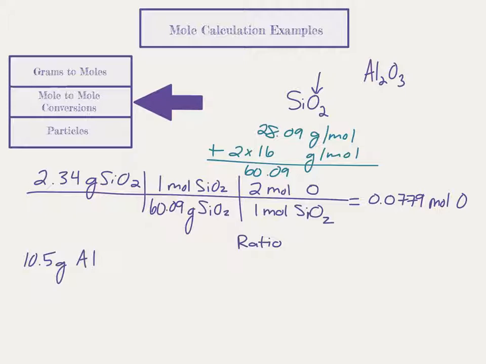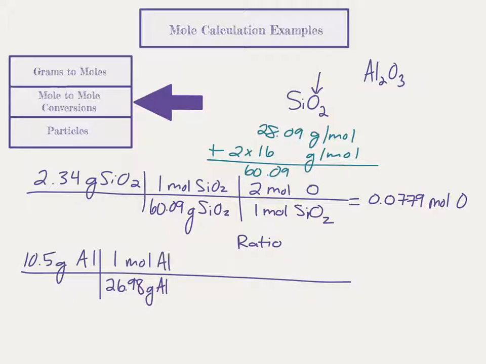Okay, so if that's how many grams of aluminum you desire, let's first change these aluminum grams into moles using the molar mass. Aluminum's molar mass is 26.98 grams of aluminum per mole.